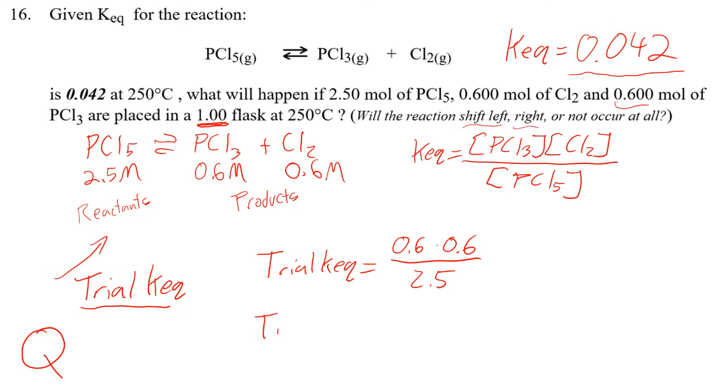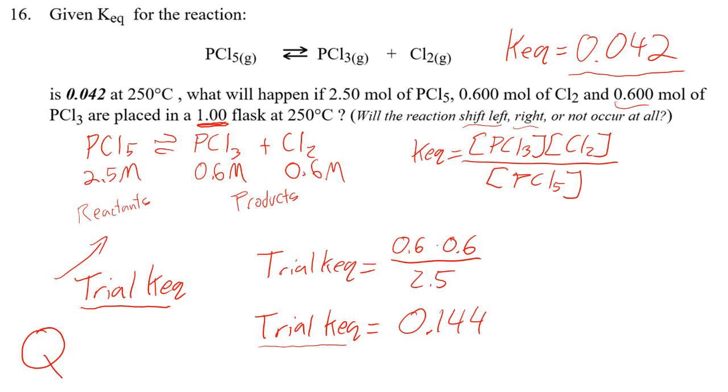So therefore trial KEQ equals, got my calculator here, 0.6 times 0.6 equals 0.36 divided by 2.5, and that equals 0.144.